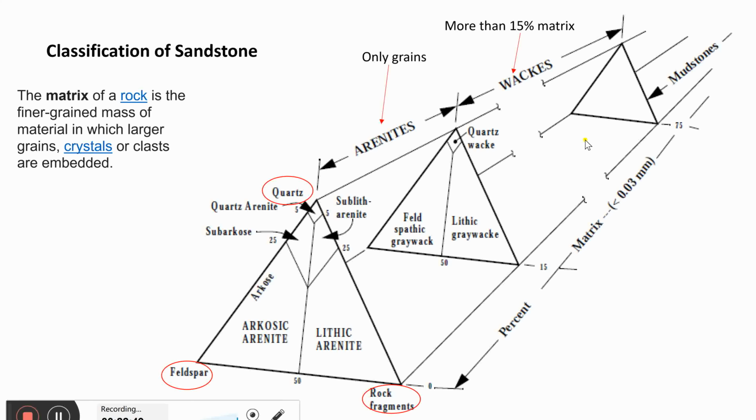If there is a matrix as well, more than 15% matrix, then you can categorize those sandstones towards wackes as well. But the majority of the sandstones actually fall in this zone in arenites, and their composition also varies, and based on the variation in their composition, some specific terminology is introduced just to recognize those types of sandstone.